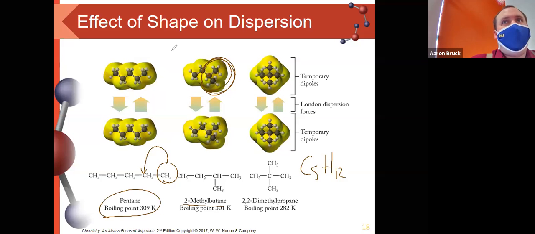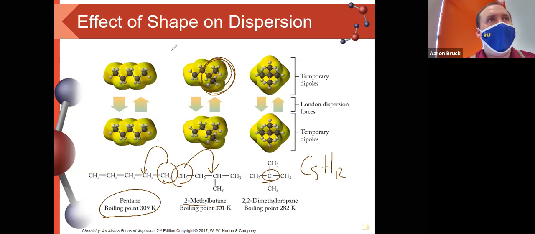And as a result, we get a decrease in interaction. And that decrease manifests itself again when we see the same thing happen on the other side. And now we've got what we call a quaternary carbon, a carbon bonded to 4 other carbons. And our boiling point drops by nearly 20 degrees in that case.